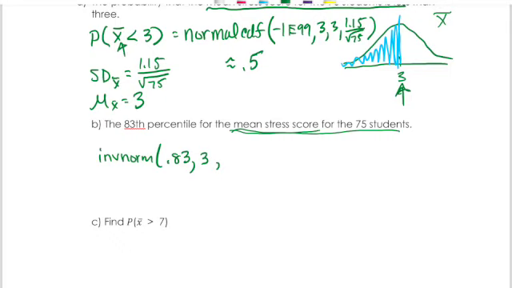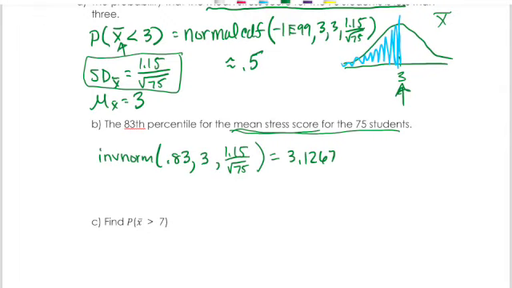And then we're going to put in our standard deviation for our sampling distribution, which we found was 1.15 divided by the square root of 75. When we put that in on the calculator, we're going to get approximately 3.1267. We can stop there.